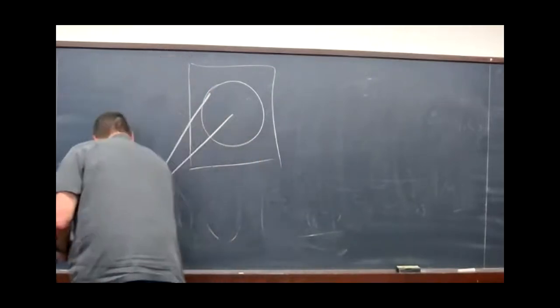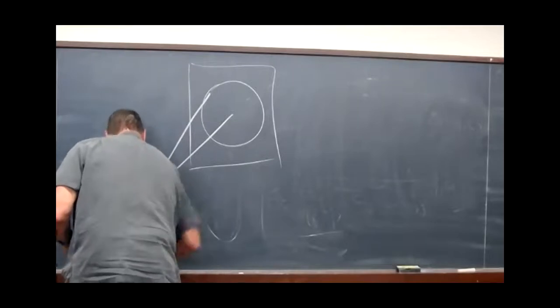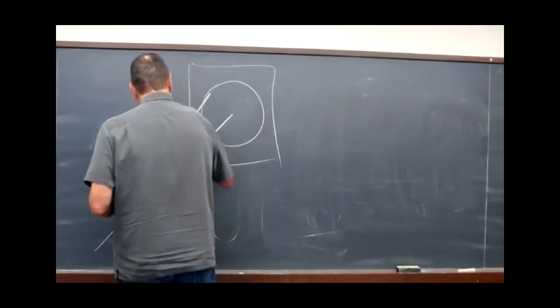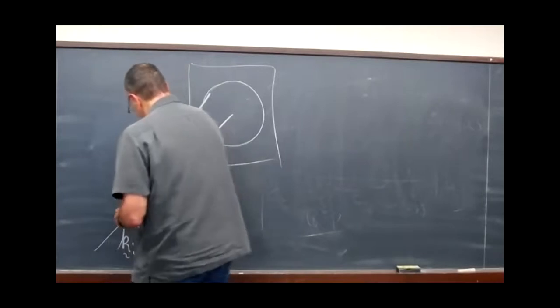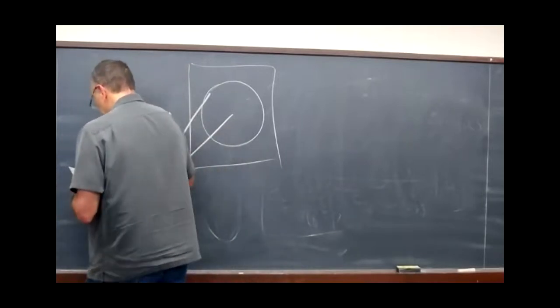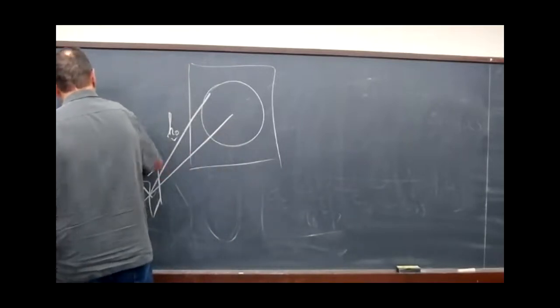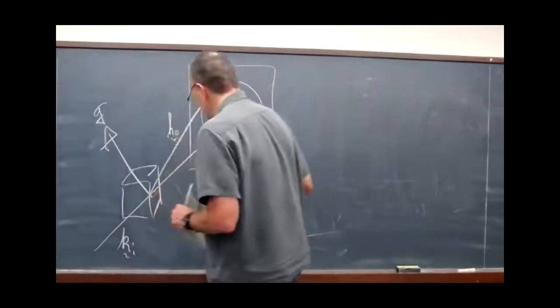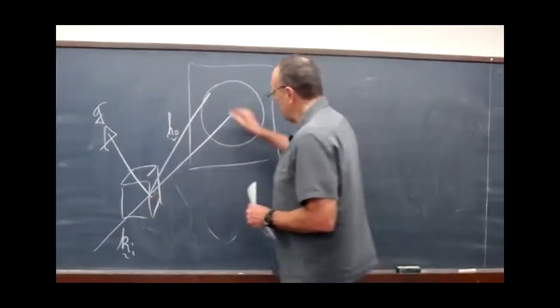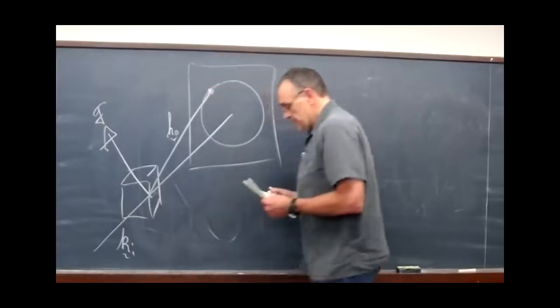Here's our vector, I think this is consistent with the nomenclature, K in and K out, and the scattering vector is Q. And so we have a point on the detector.